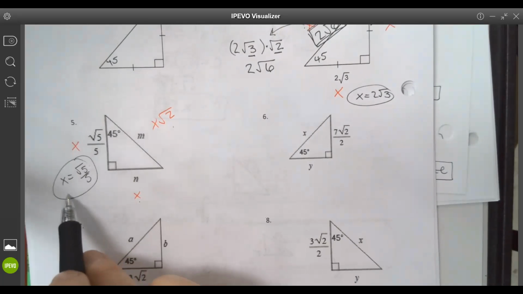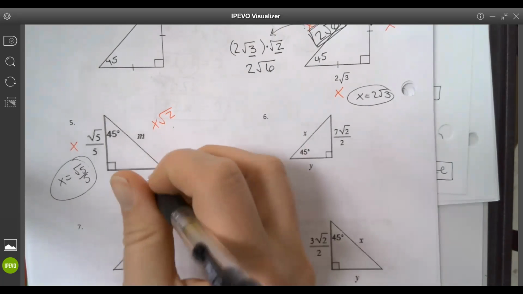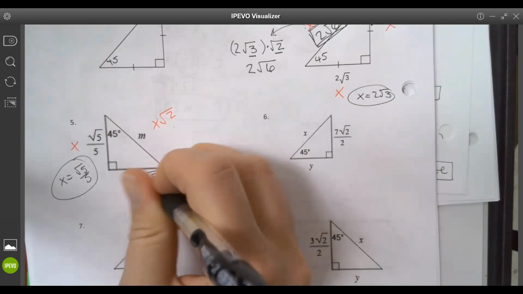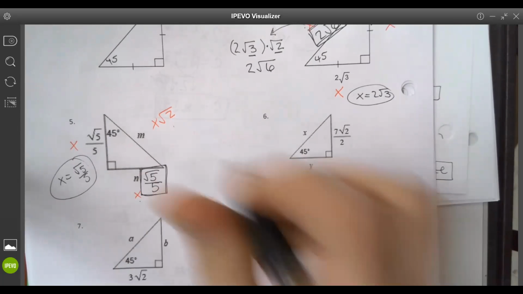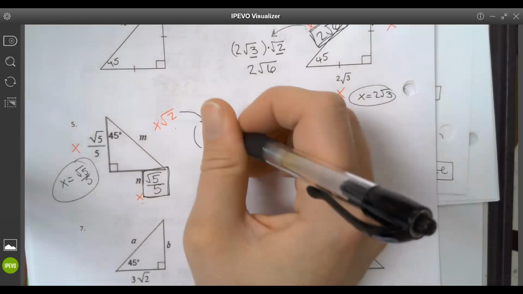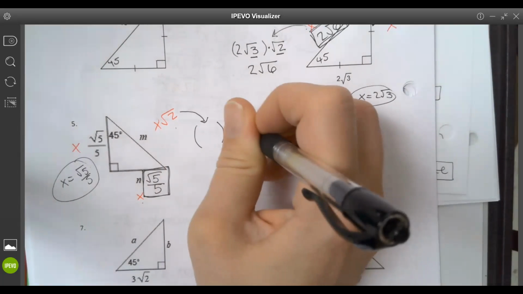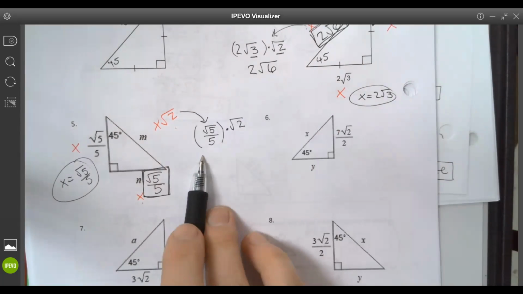I'm just saying this is what x is. Now I will substitute it in around. So this side is rad 5 over 5 because it's just x. So I'm just plugging x in. The other side is x times rad 2, and x is rad 5 over 5. You see that I'm just doing substitution?